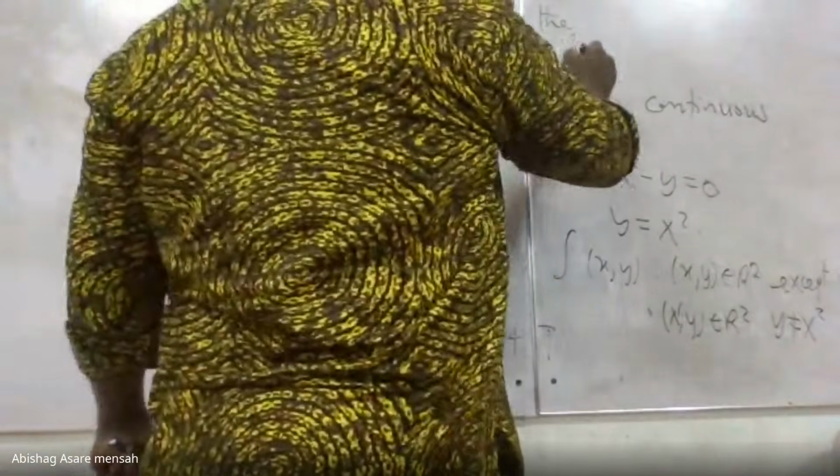Hello, sir. Please, let me answer this question. I tried it earlier, and instead of doing y is equal to x squared, I did x is equal to square root of y.